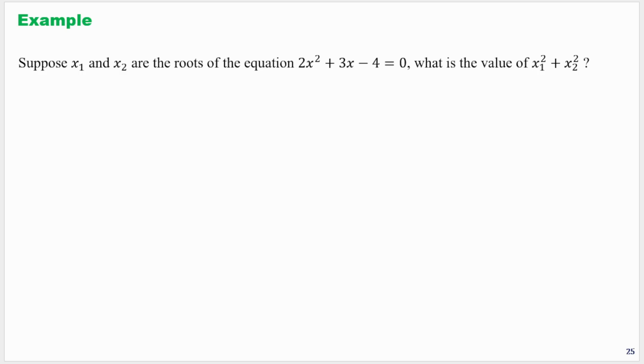I'm not sure if I can use the formula for this. Okay, I'll give you a hint. If you have a plus b squared, then expand it, what will it give you? So you want to use the completing the square method? Yeah, does it ring any bell?